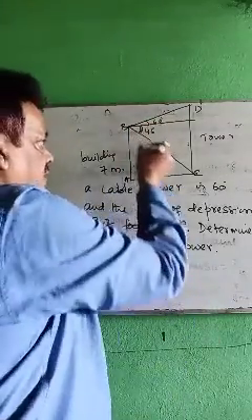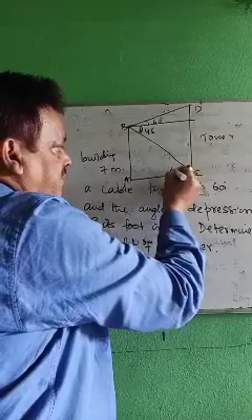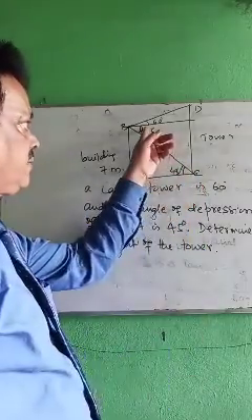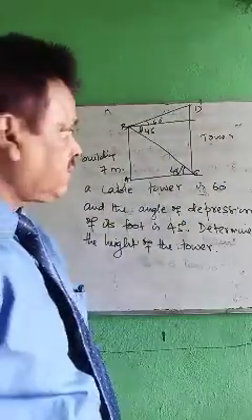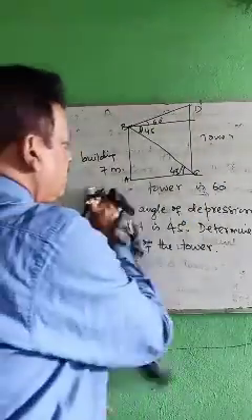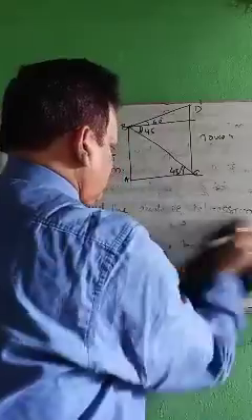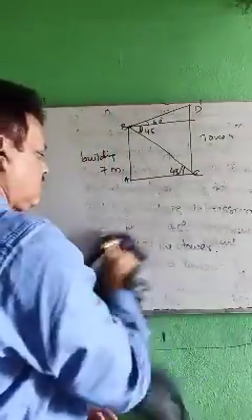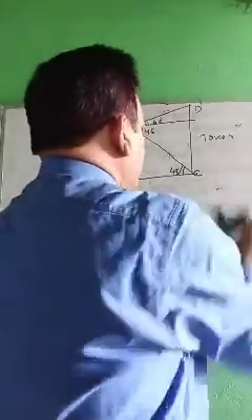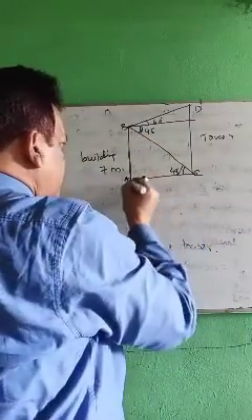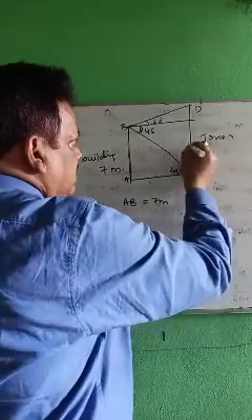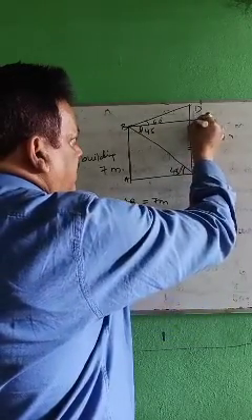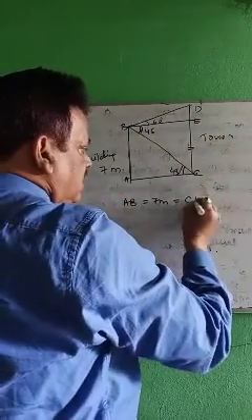So alternate angles are equal. If this is 45, this will be 45. This is depression angle, this is angle of elevation. Okay. Now look at here. What you find? If AB is 7-meter, then this is also 7-meter, this is E point, C is 7-meter.